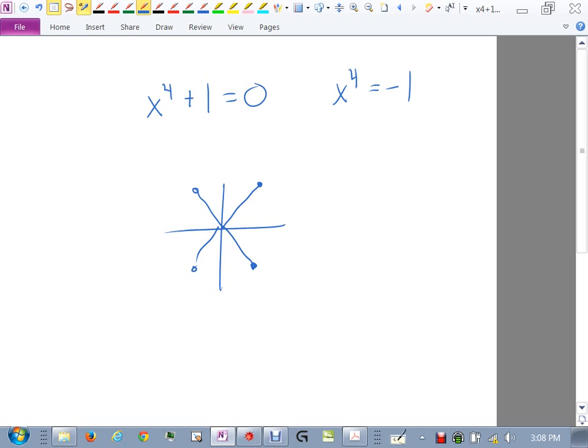Did anyone do, what's this, pre-cal? Yes. That is exactly what this is, and you can figure out what these roots are that way.